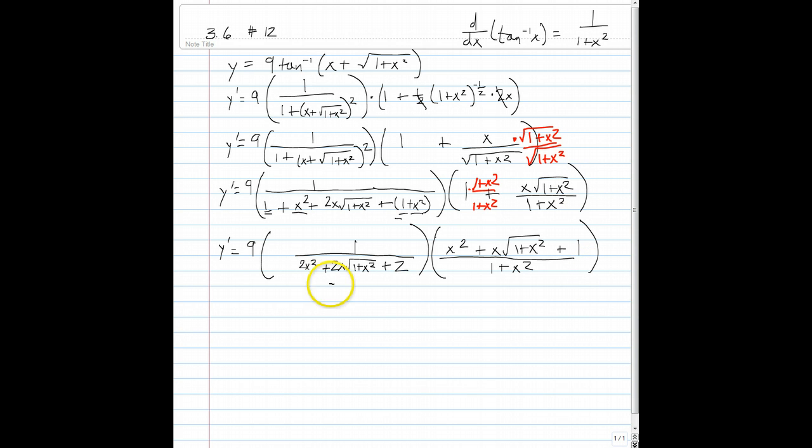Now you notice you can factor 2 out of this denominator here, and we get 1 over 2 times (x squared plus x root 1 plus x squared plus 1). And now that factor in this denominator looks just like the factor of the second numerator, and they can cancel out.